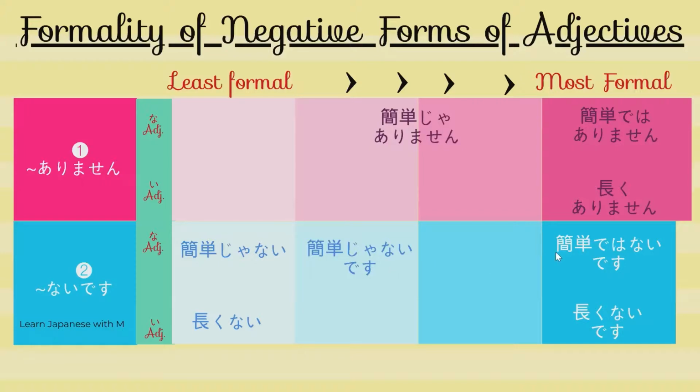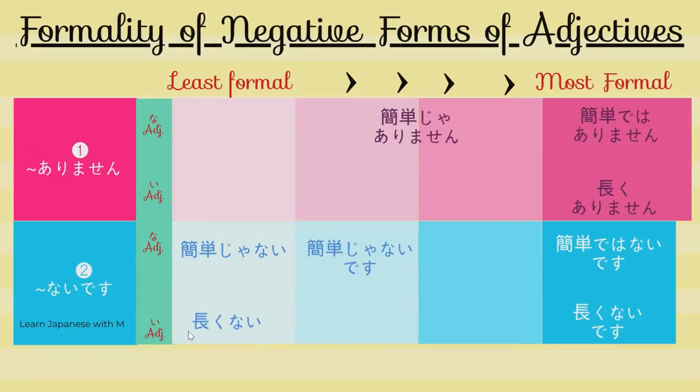And the most formal form of ないです is 簡単ではないです. We only changed じゃ to では. All these expressions mean it is not easy.